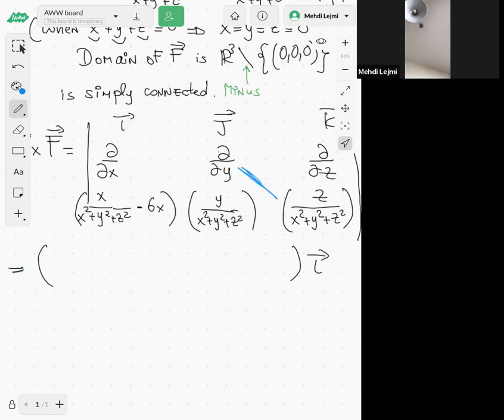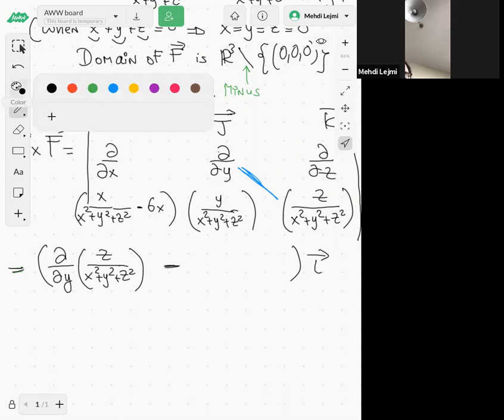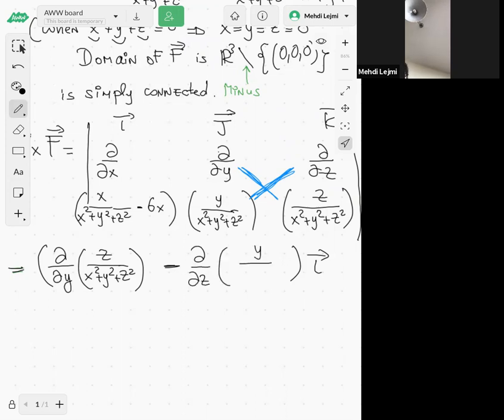So this partial y with the z component, that will be the derivative with respect to y of z over x squared plus y squared plus z squared, minus the derivative with respect to z of y over x squared plus y squared plus z squared. Okay, so that's the coefficient of i.